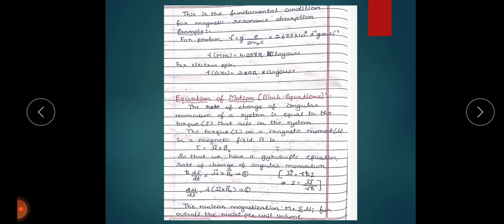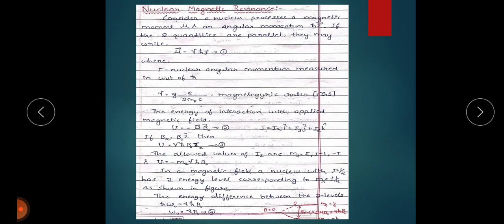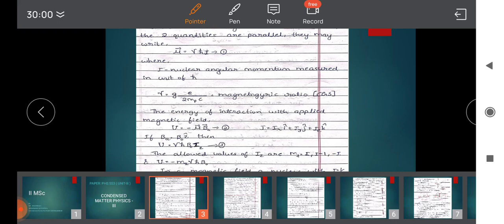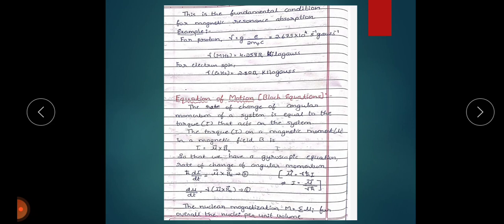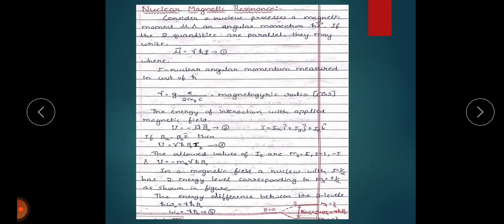In nuclear magnetic resonance, N1 is the lower level, and there is an energy difference between the lower level and the higher level of the system. Here N1 is the lower level with ml value minus half, and N2 corresponds to the upper level with ml value plus half, which is already shown in the NMR energy difference diagram.